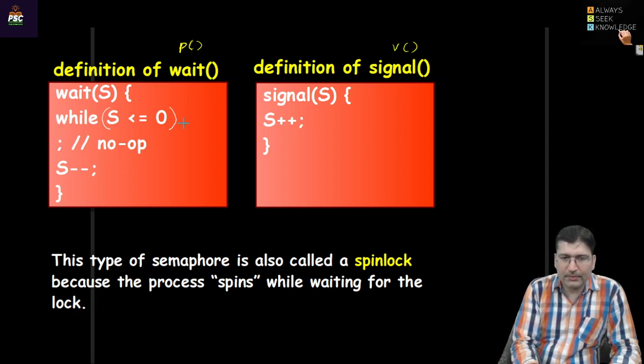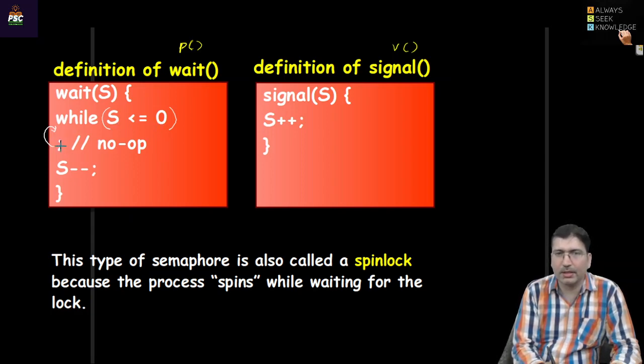Again and again, if this condition is true, this semicolon will be executed, and again this condition will be checked. If this condition is true, there is nothing to do, so no operation, and then the same thing happens again, because inside the while body there is nothing.